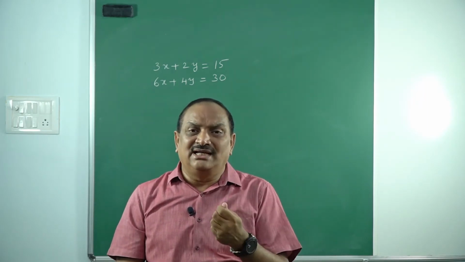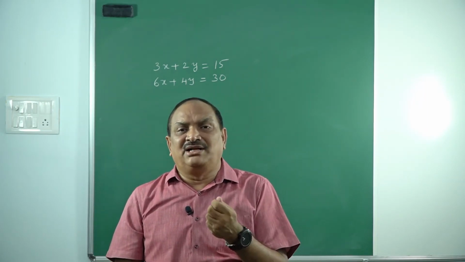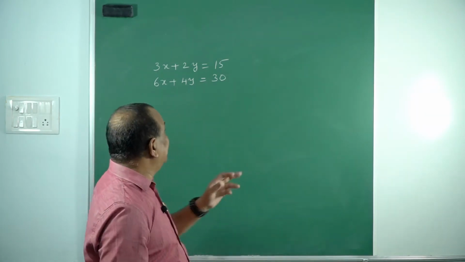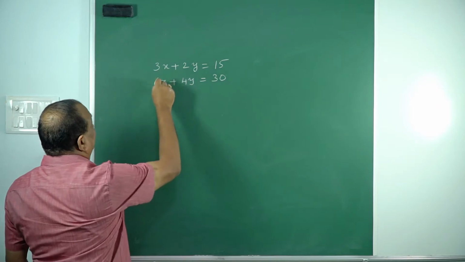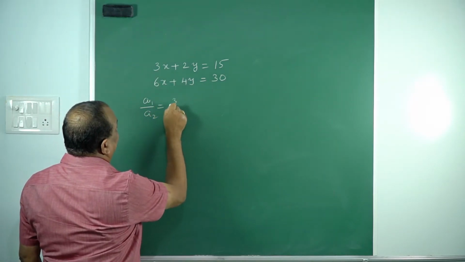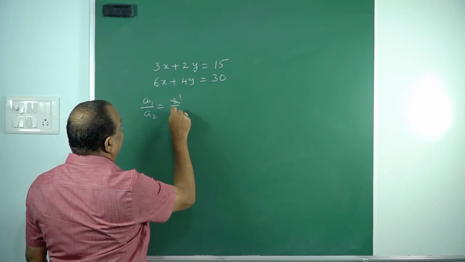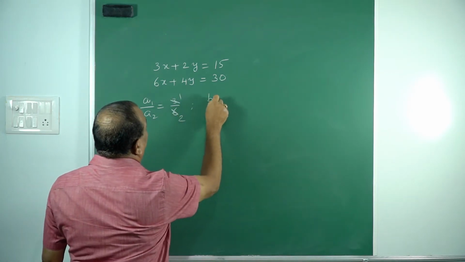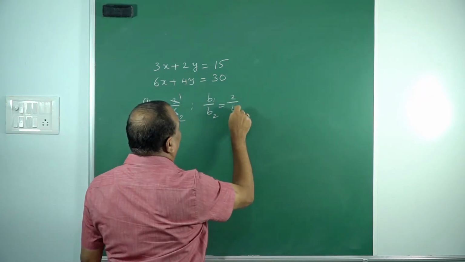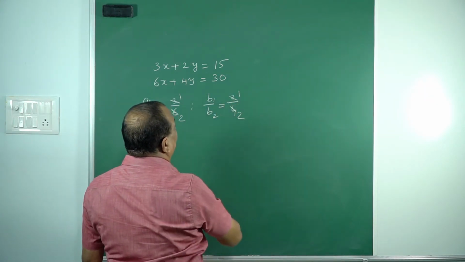If you give me 2 lines, I can tell which point is in common there. And here, look at the ratio. A1 by A2 is 3 on 6. This is 1/2. B1 on B2 is 2 on 4. Is again 1 on 2.